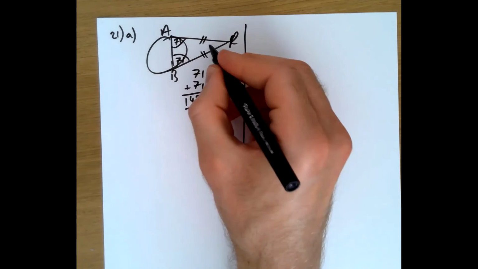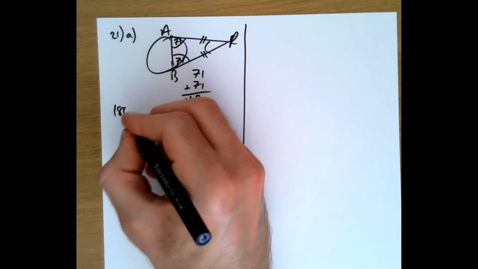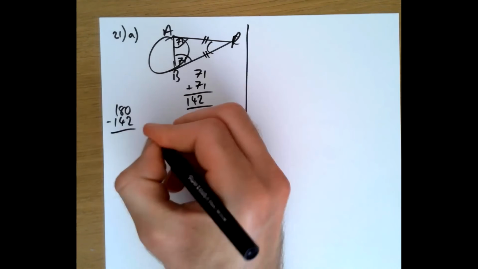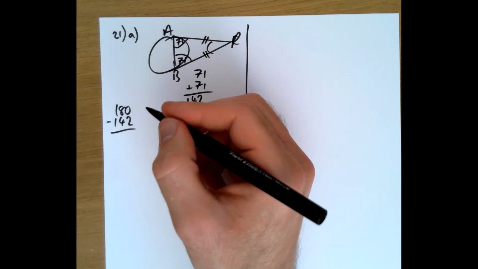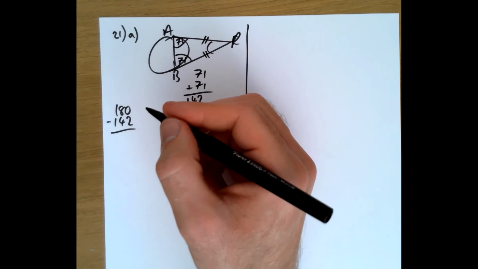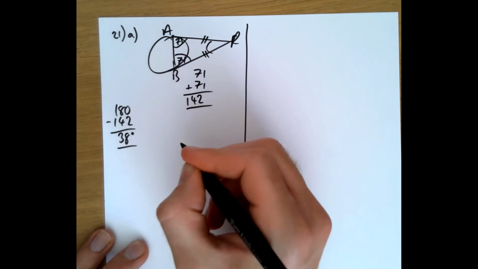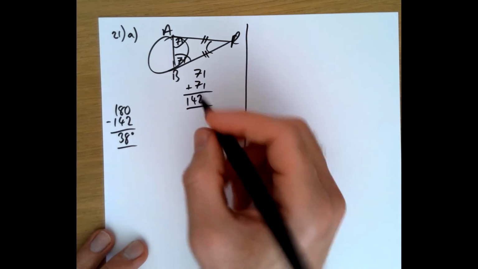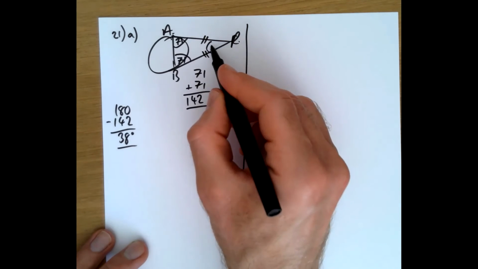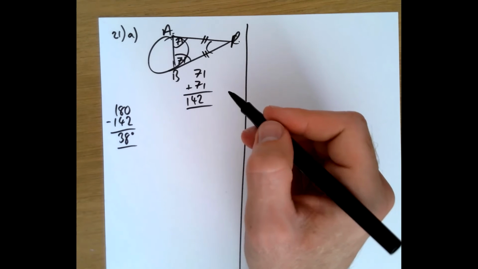Angles in a triangle add up to 180. 180 take away 142. Why would I want to work it out without typing it into my calculator? Who knows? 38 degrees. So I believe that angle APB, this one here, must be 38 degrees.